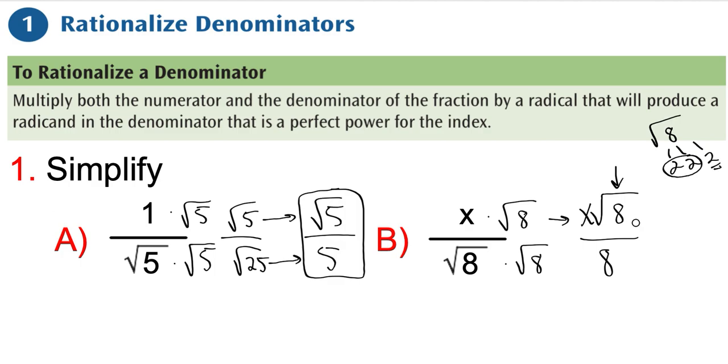So what this turns into right here, that 2 comes out in front of the x, and then that 2 goes back underneath there, and then we have the 8 on the bottom. And again, you got to ask yourself, am I completely simplified? If I didn't have this stuff, would 2 over 8 be simplified? Well, no, we have to simplify between here and here. So that's a 4 down there. So we have x root 2 over 4.